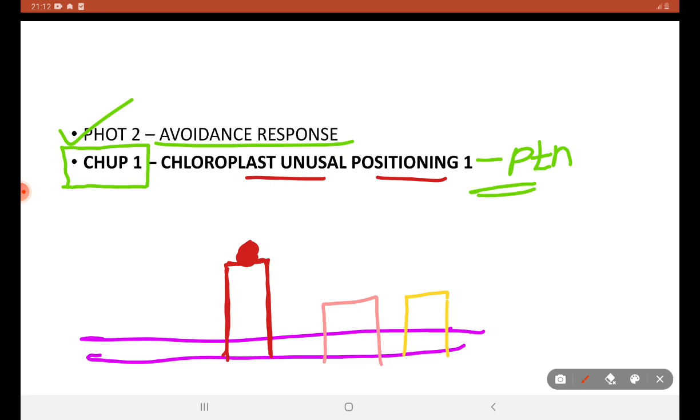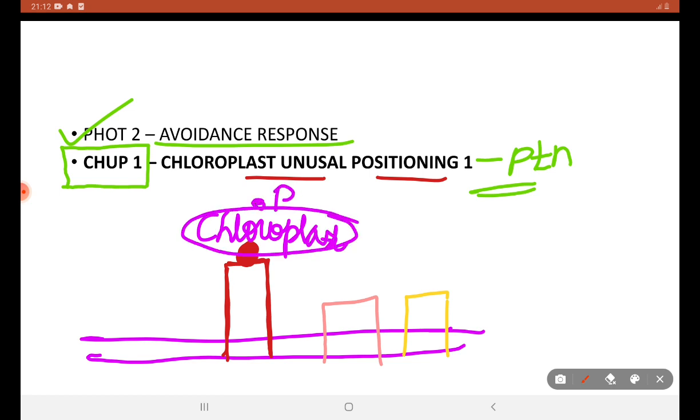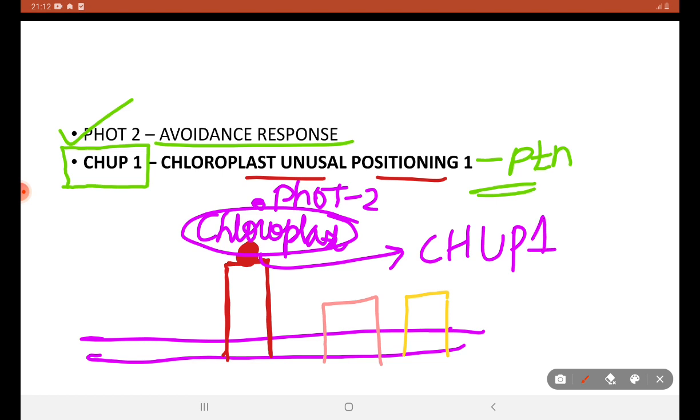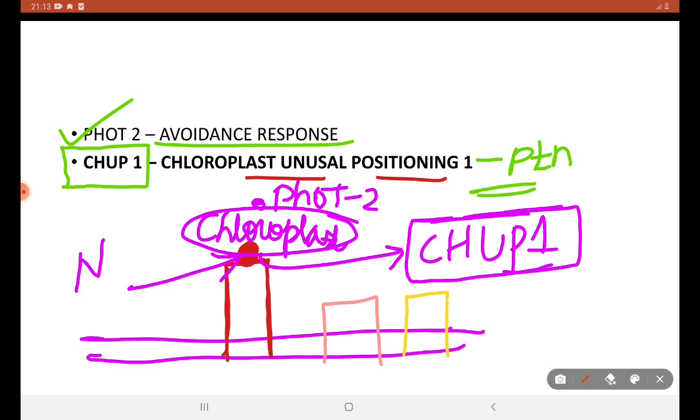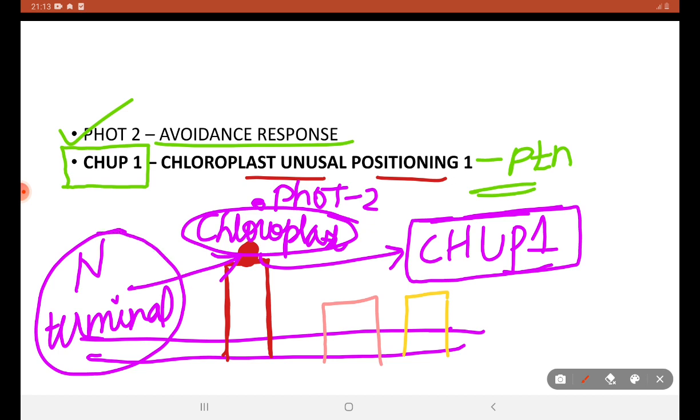And then consider this as a chloroplast on which Phot2 is present. This is CHUP1, chloroplast unusual positioning 1. It is attached with the N terminal side.